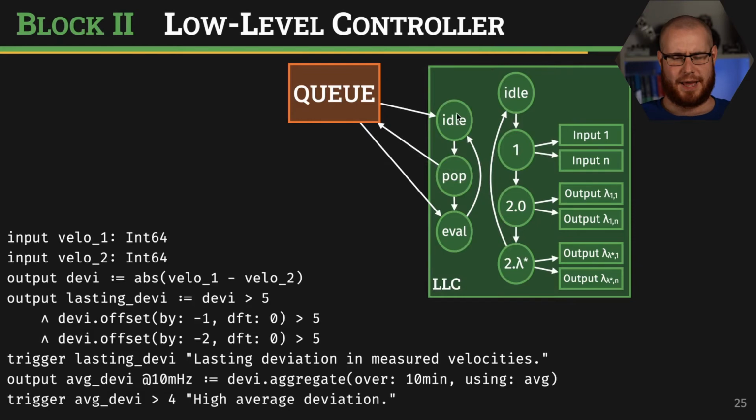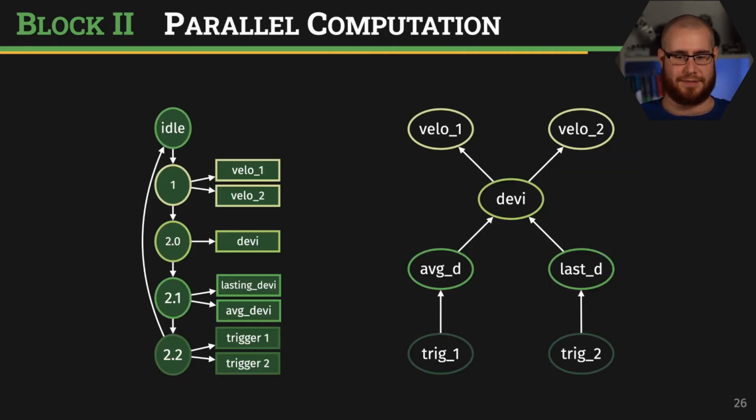Now the question is, why do we have different stages of evaluation here? And the answer has to do with the parallel computation. So let's have a look at the dependency graph of the specification. Here we can see that the deviation stream depends on velocity 1 and velocity 2, and both the average deviation and the lasting deviation depend on deviation.